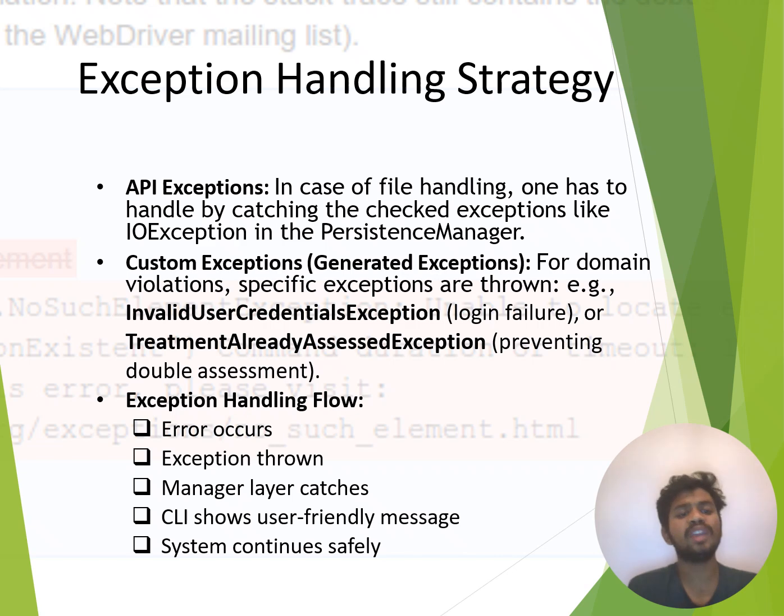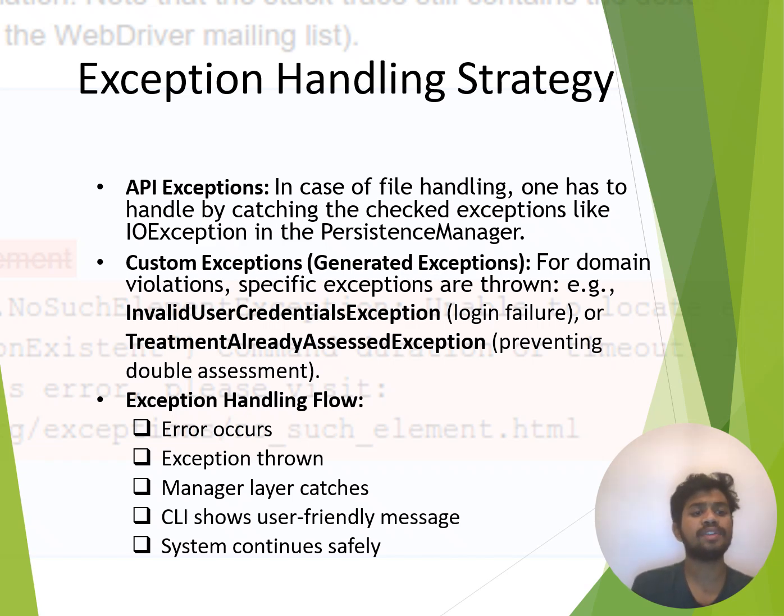The system uses both API exceptions and customized ones. Checked exceptions: for instance, the persistence manager is in charge of IO exceptions for file operations. Custom exceptions: the part of domain logic needed safeguarding was their purpose.